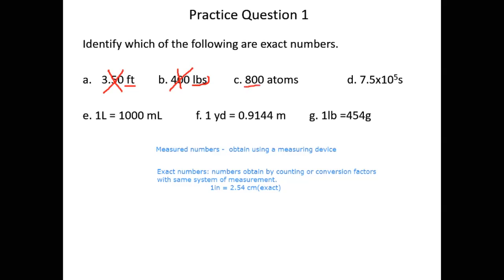Now 800 atoms, we can actually count 800 atoms, so 800 atoms is an exact number because you can count the number of atoms it has. So again, 800 atoms, you can count the individual atoms, so it's an exact number.